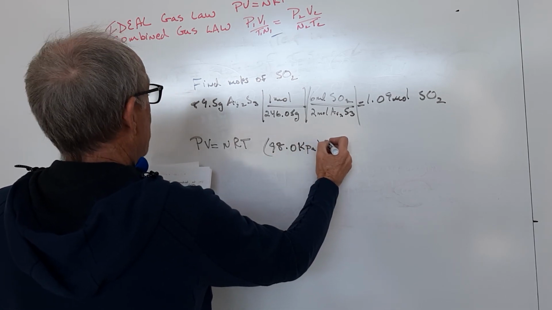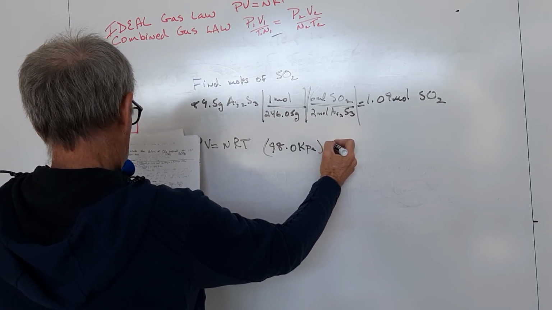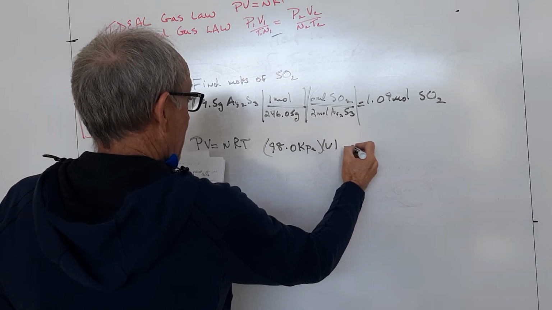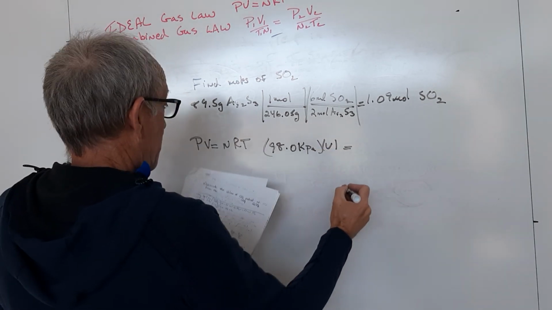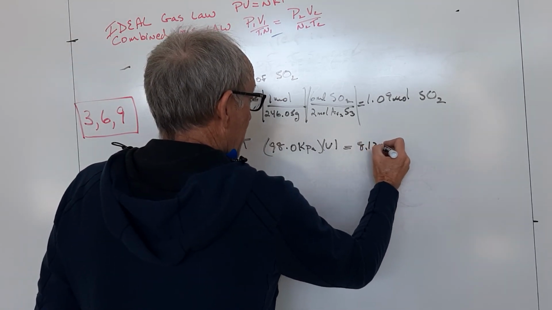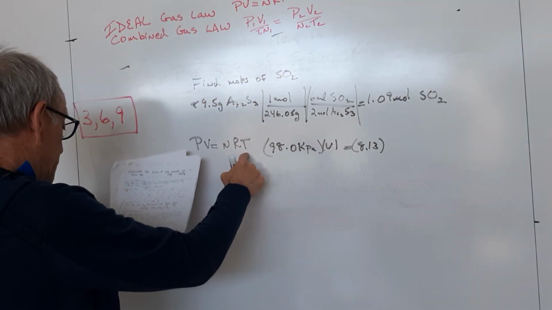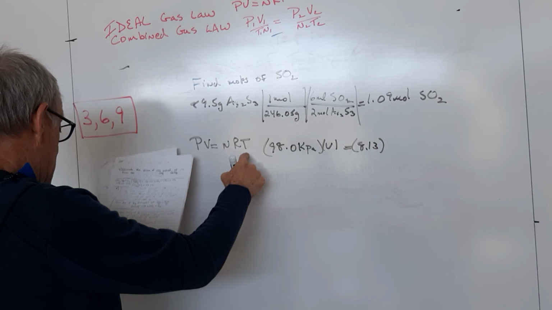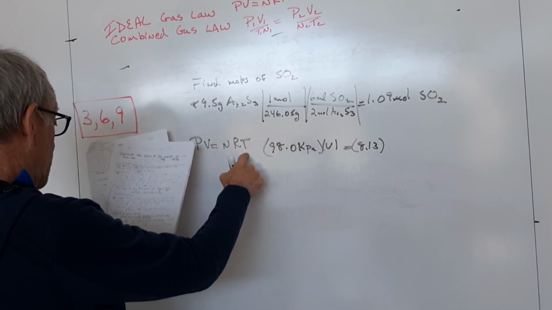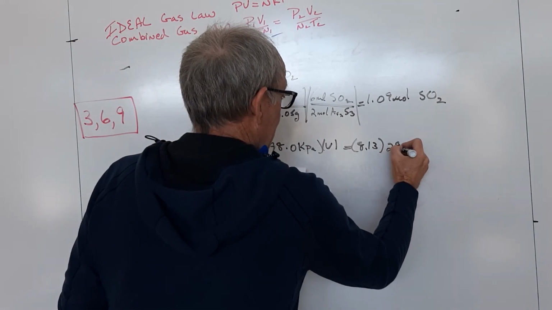Pressure times my volume, which I'm trying to find, equals n times R. Since it's kPa, it's 8.31 kPa, that's my R. And what is my temperature? It said 20 degrees, so it'd be 293.